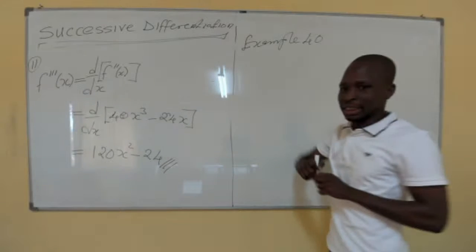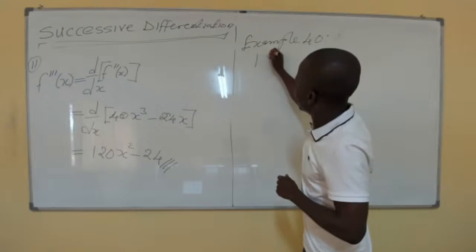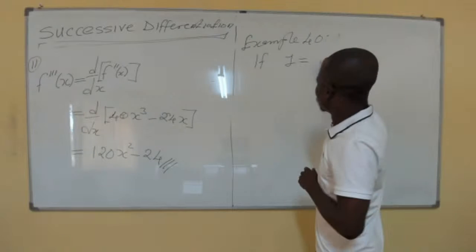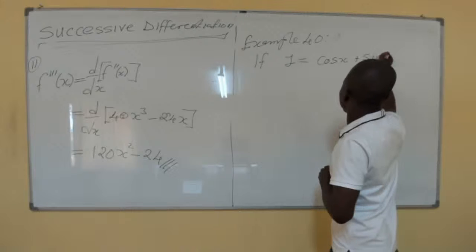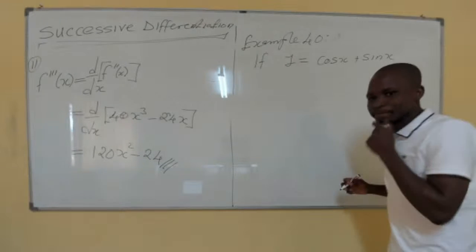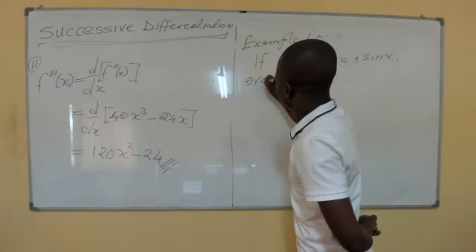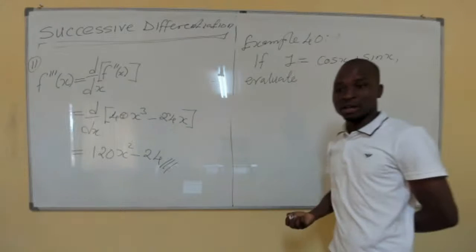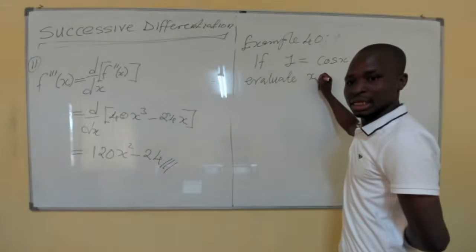This example says: if the function y is equal to the cosine of x plus the sine of x, then evaluate x.